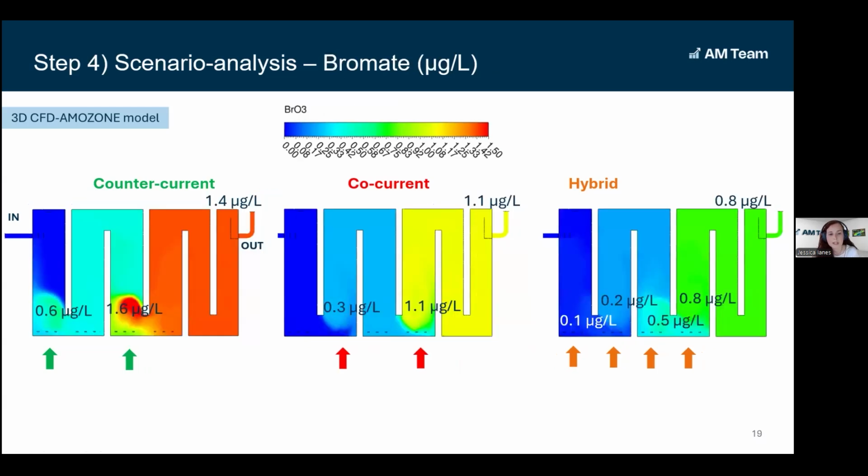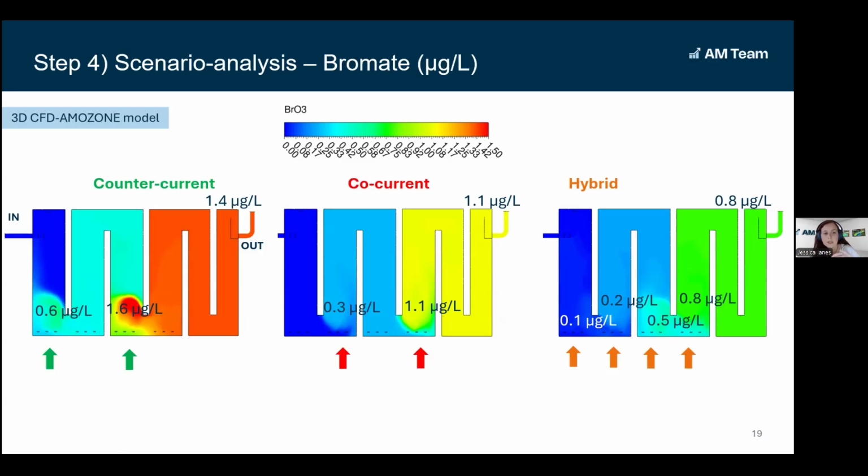And this actually results in a different impact on bromate formation, because due to this higher concentration of ozone in the counter current situation, we have also higher bromate formation due to these higher local concentrations. That results in the end in 1.4 microgram per liter of bromate, which is lower with respect to the initial configuration of the reactor, much lower. It was initially around 3 microgram per liter, and this is thanks to the more diffusers we have put in place and the different design used.